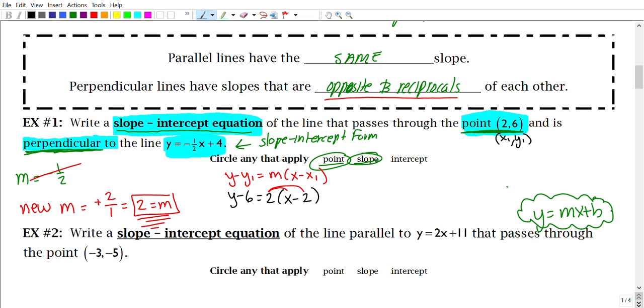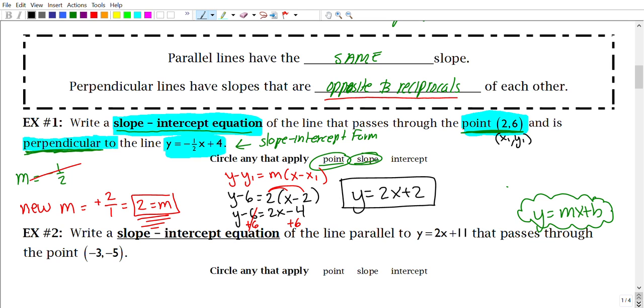We have y minus 6 equals 2x minus 4. Last step here, add 6 to both sides. We get a final answer of y equals 2x plus 2.